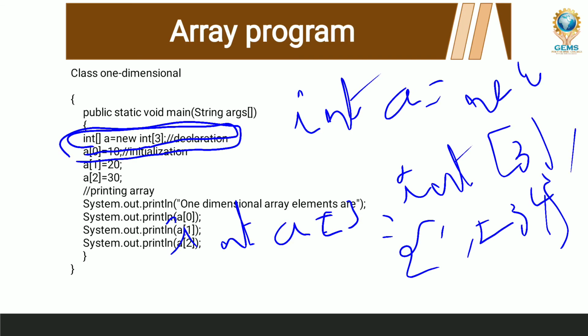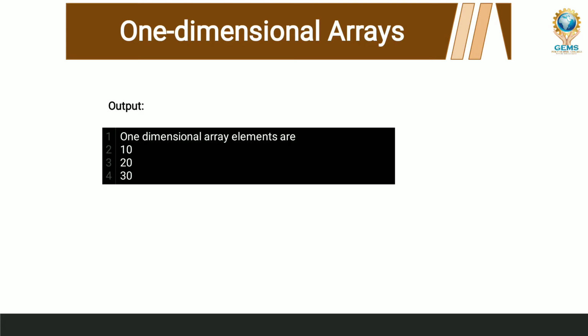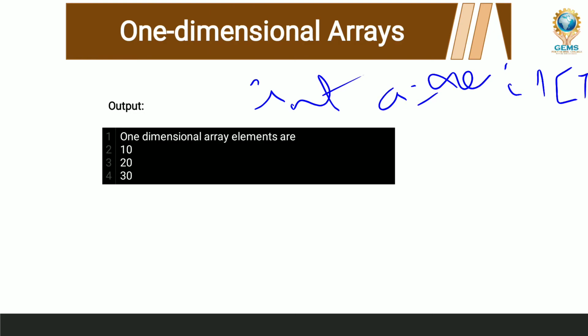These elements are called array initialization. Or else one more way to initialize the elements: int a equal to new int, array size is 4.